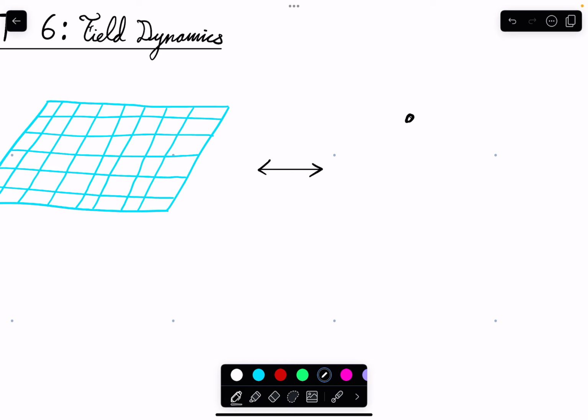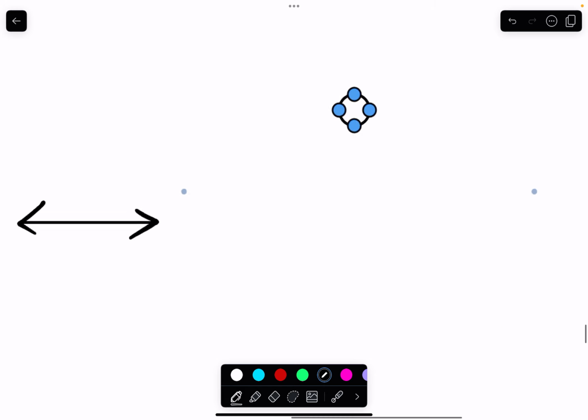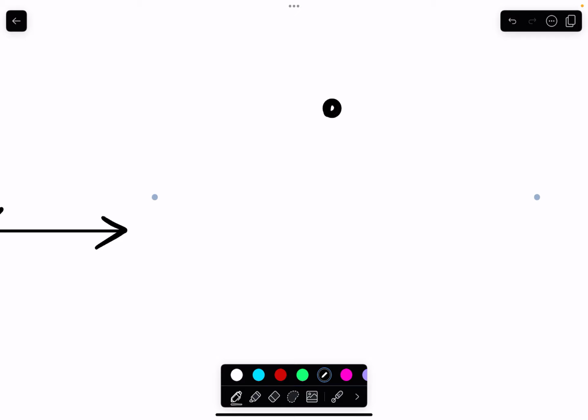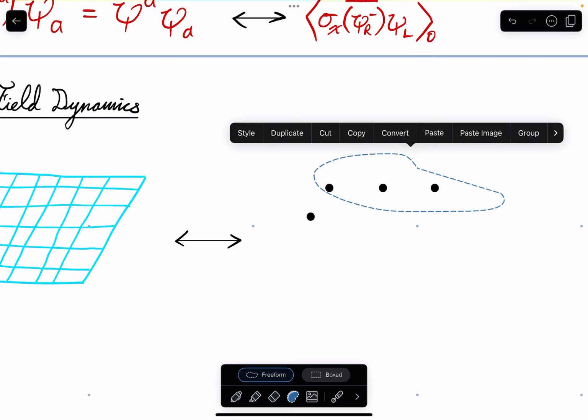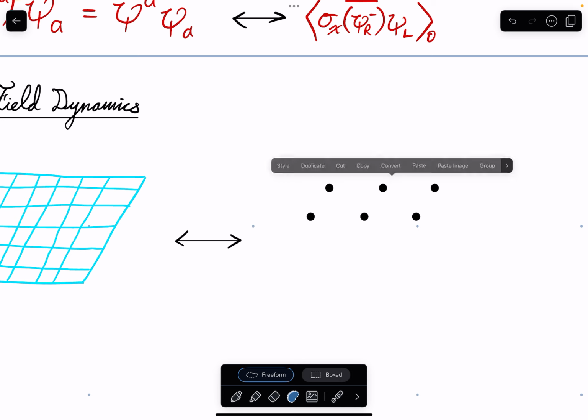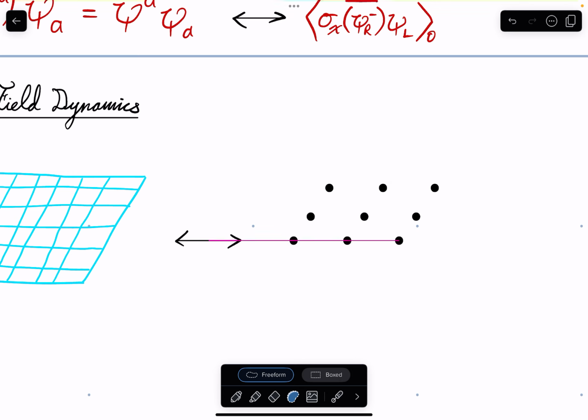we have a mass here. Actually, what I'm going to do is draw a circle, fill it in, and just copy this circle so we can imagine the field almost like this.